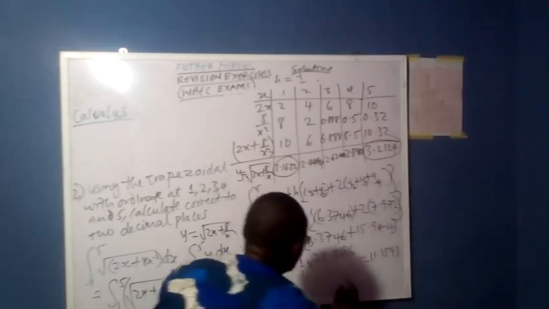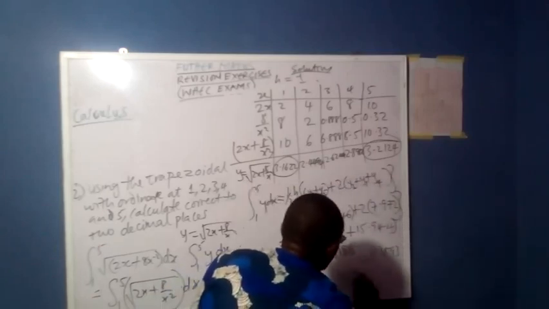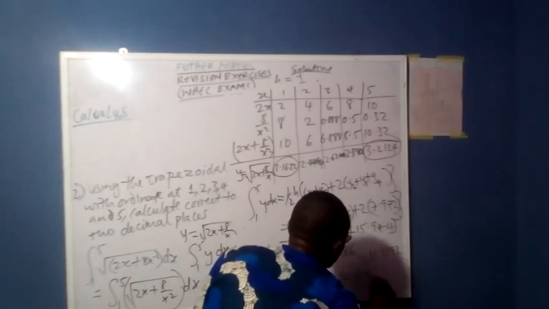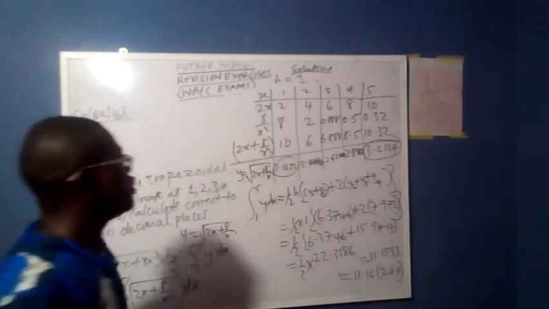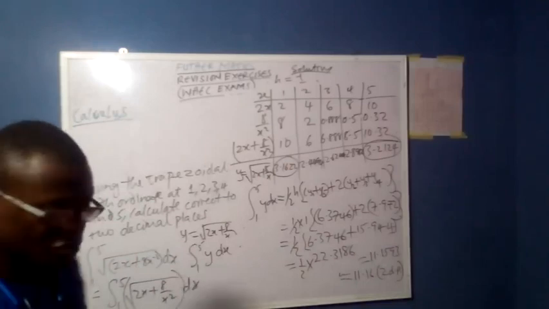We're told to put it into 2 decimal places, which is approximately 11.16. That's two decimal places.